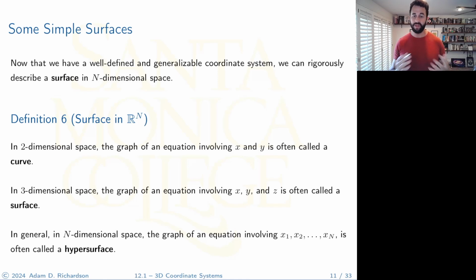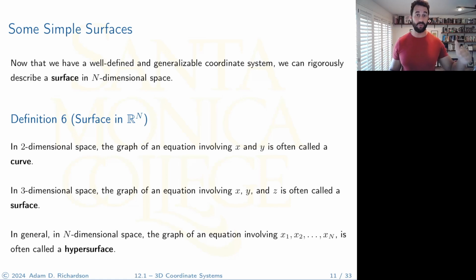In three-dimensional space, if you've got an equation that involves x, y, and z, that describes what we call a surface. So quite literally, just imagine almost like a sheet in space, or maybe like a folded, rounded sheet, or any kind of a thing in space. Like you're staring right in front of you, and just imagine some surfaces.